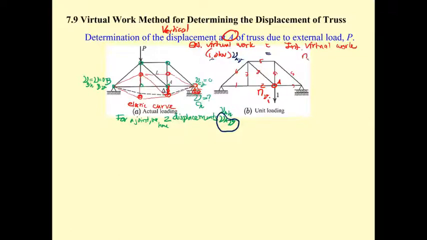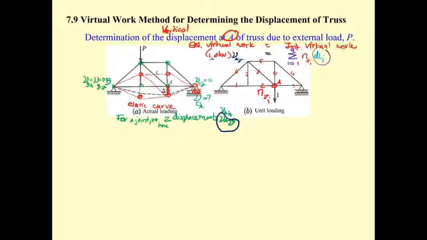So n sub v i times the deformation of each member, let me call it dL sub i. Since there are a total of 9 members, you take the summation of i equal to 1 until 9. Now, what is this?